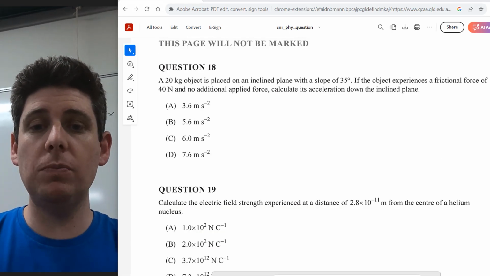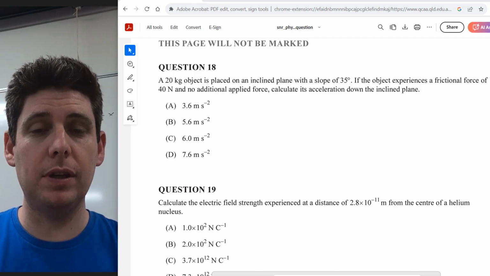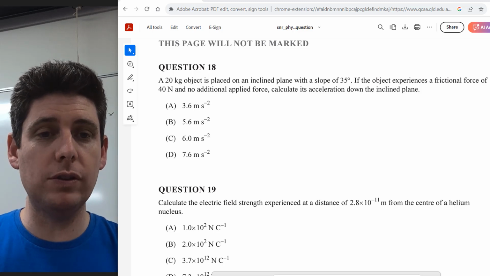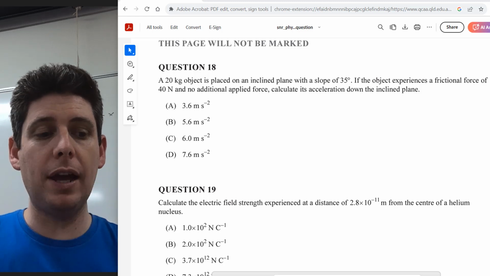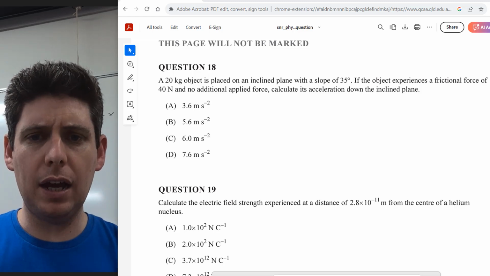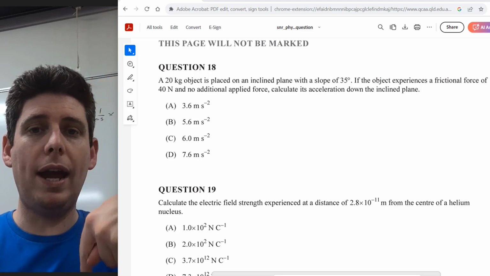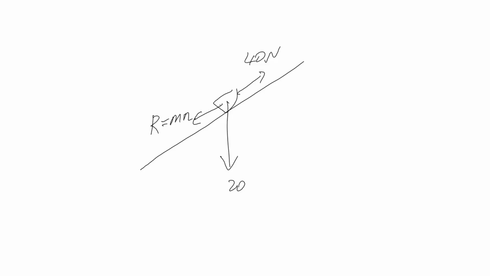All right, we're down to our last 3 questions. An object is placed on an inclined plane with a slope. So we've got to figure out the resultant forces. It's got a frictional force which acts up the plane and 40 newtons. And we've got to translate the weight, which is perpendicular to the earth.